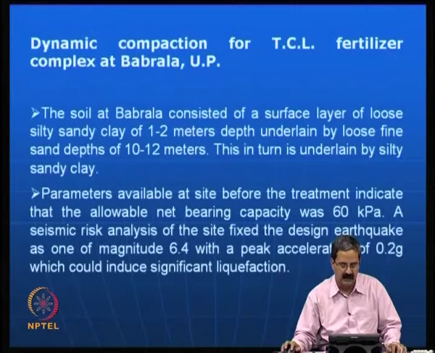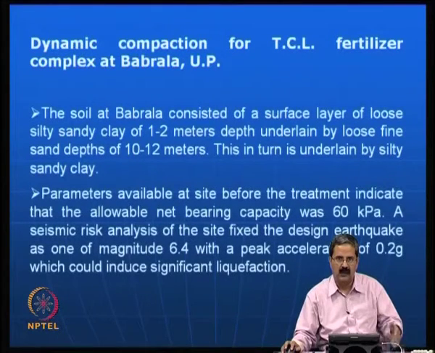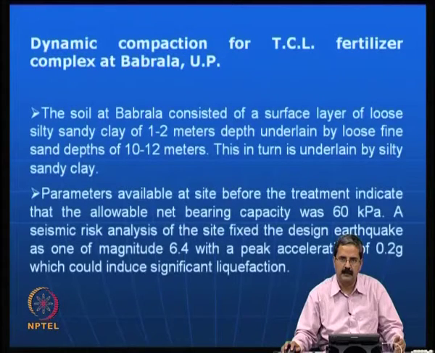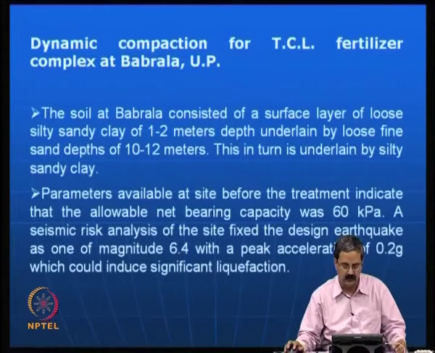The parameters available at the site before treatment indicate that the allowable net bearing capacity was about 60 kPa. The other design requirement was that for this fertilizer plant, people have done a seismic risk analysis, and they find that the design earthquake coefficient should correspond to an earthquake of magnitude 6.4, which corresponds to a peak acceleration of about 0.2 g.